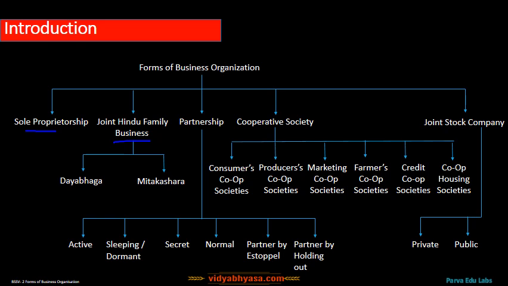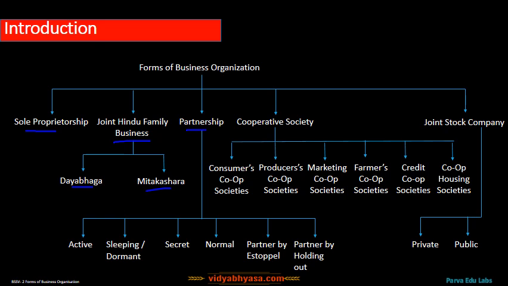Any member who is born in that family automatically becomes a member of the business. There are two parts to it: one is the Dayabhaga School of HUF, and the other is the Mitakshara School of HUF. We will discuss this when we talk about joint Hindu family business in detail.